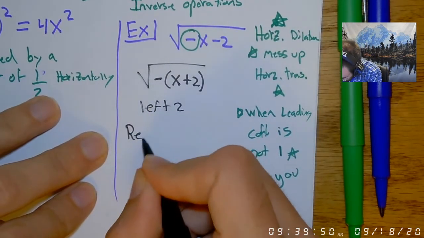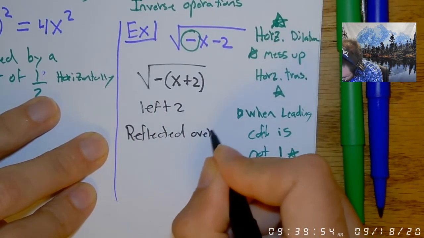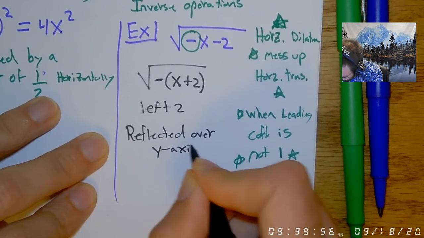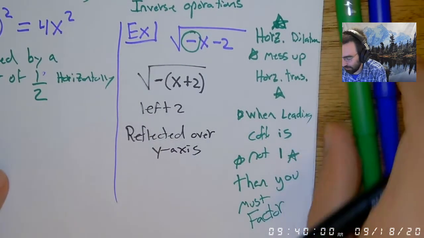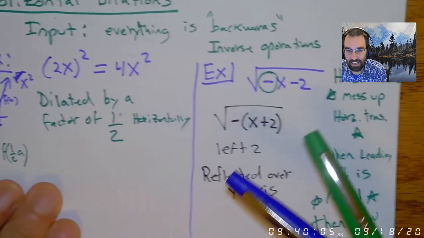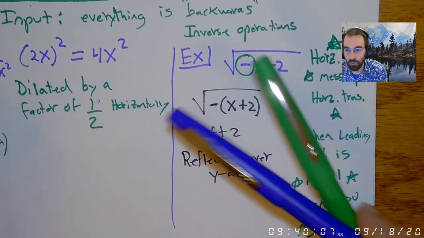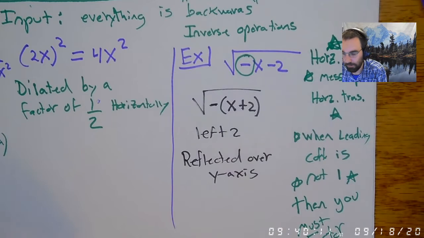So it's actually reflected over the y-axis, and we'll talk about that next. So horizontal dilations are mean. They are confusing, and if your coefficient is not 1, you have to factor it out.